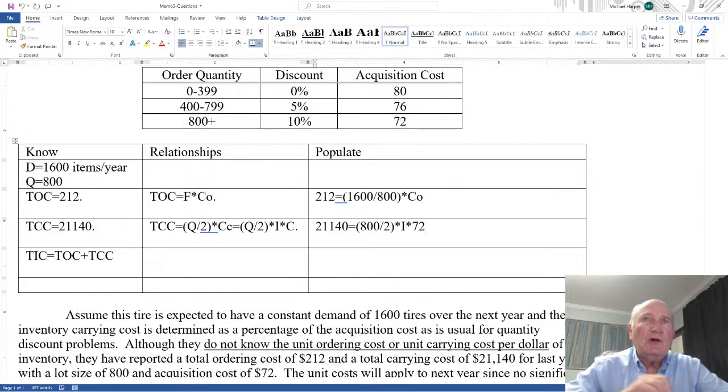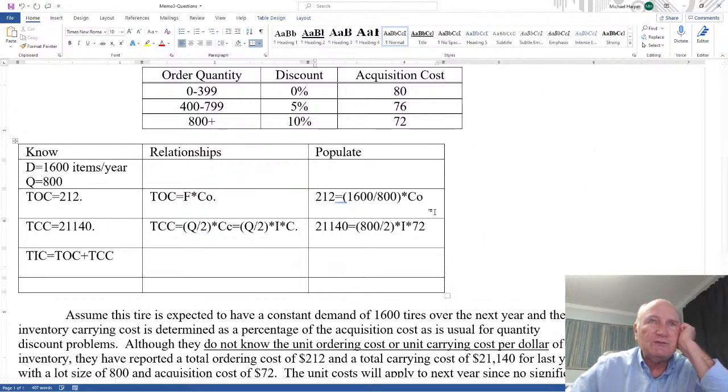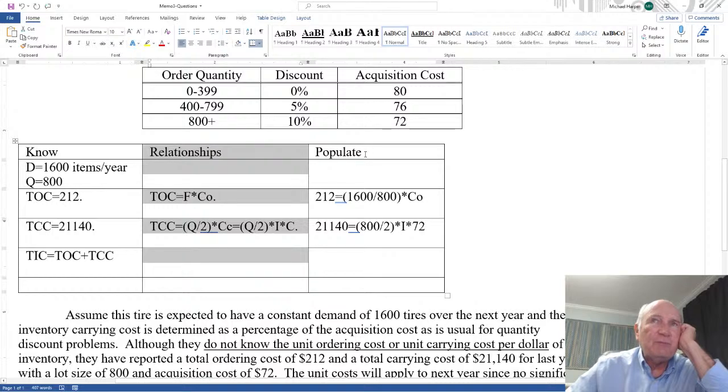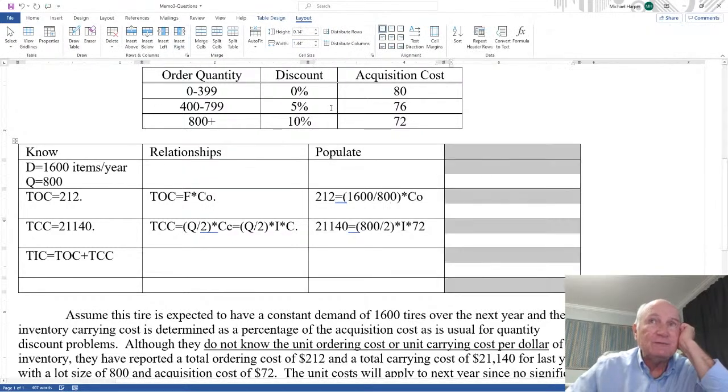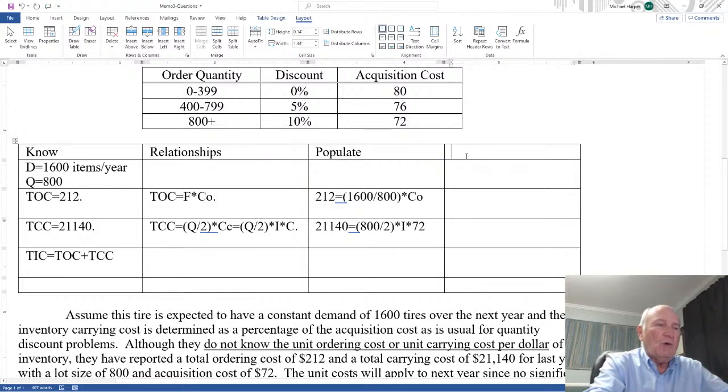Notice what I'm doing here. First of all, you write down what you know, write down the relationships you have, and then you populate the relationships with what you know. And then finally, only after you've done these three steps, what do you need to know?